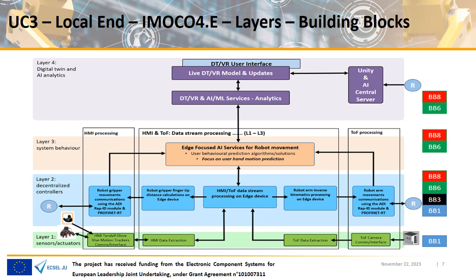So I'm going to briefly review the architecture of our use case, and this is our local end, and typically think of the local end as where the user is. I'm not going to go into additional detail, but very briefly, like the original IMOCO architecture, we have sensors in layer 1. Then when we go into layer 2, we have some form of processing to do with the data streams that come in from the various sensors. And some of these sensors will have onboard intelligence.